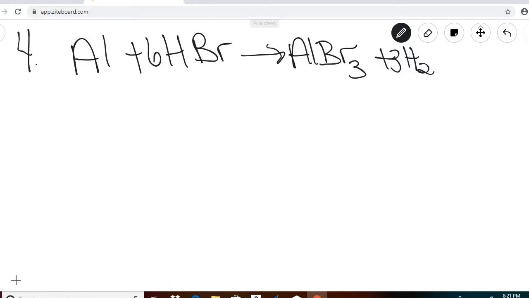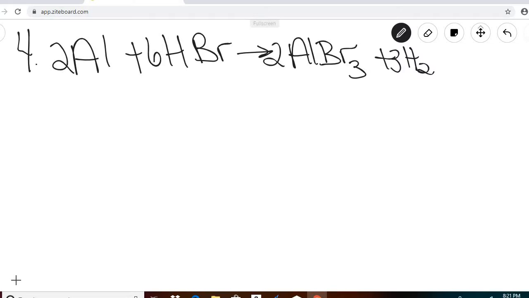Okay, that makes our hydrogens okay, but we messed up our bromines. So we can fix those bromines by having 2 aluminum bromides. So now we have 6 bromines on each side, but now we messed up the aluminum. We have 2 aluminums on the product side, so we can get 2 aluminums on the reactant side.